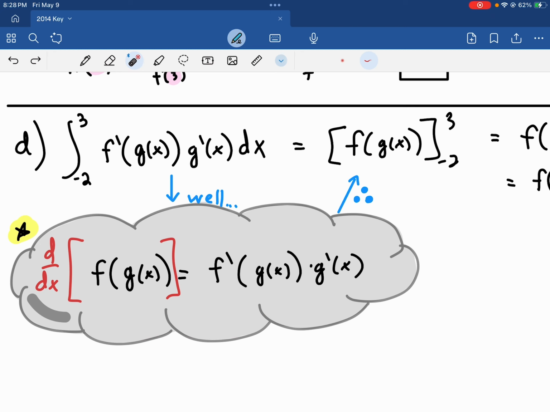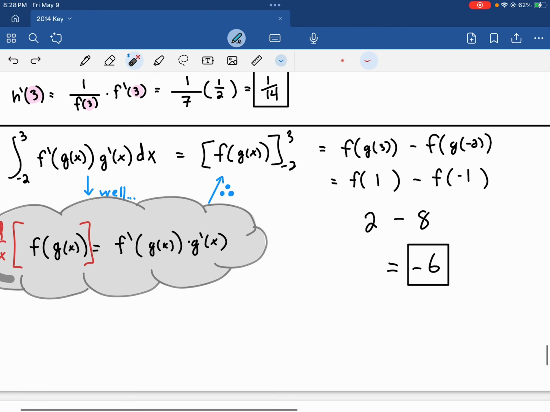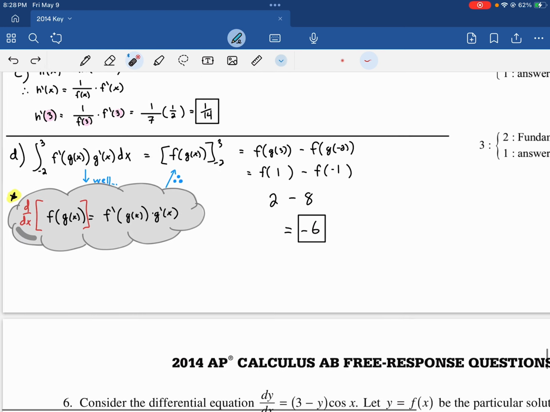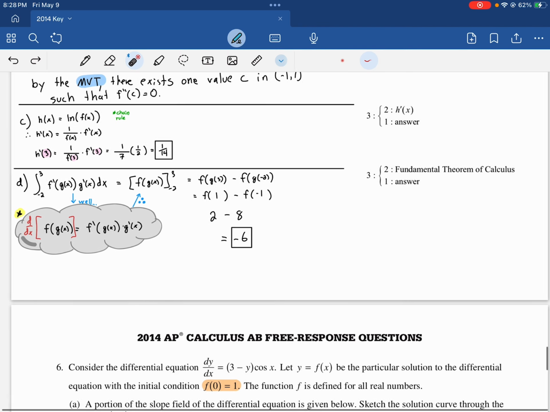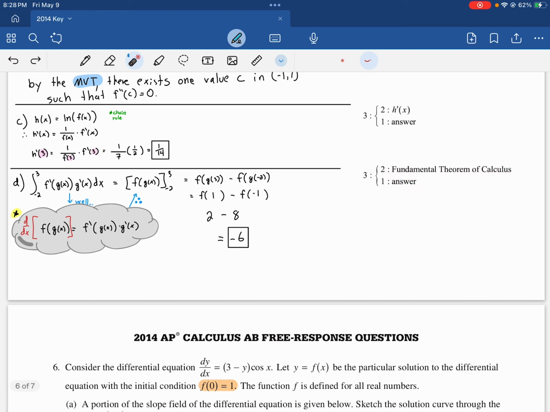F of g of x must be the antiderivative of this expression, and I can verify that this does give me that as a derivative. I plug in 3 and I plug in -2, and if you're careful, the table has all of these values, and you simplify. It's a lot of thought that goes into a problem that they think is worth 3 points. 2 for using the fundamental theorem of calculus, and 1 for your answer.